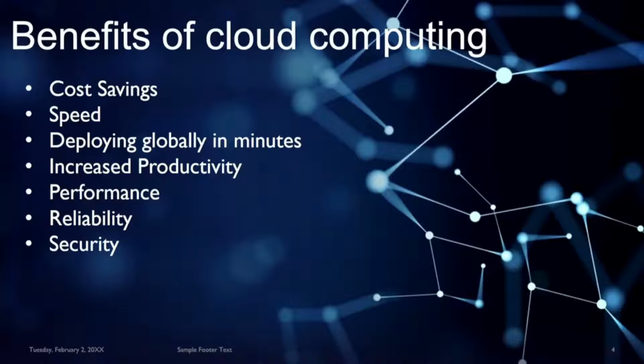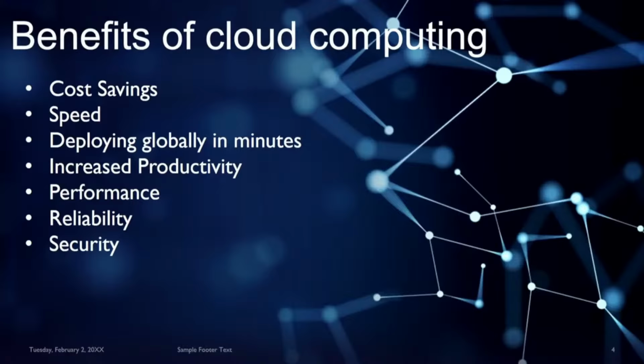But if we go for cloud services, all these reliability aspects are taken care of by the cloud service provider, so we need not worry about redundancy and other things. Then it offers security, with the same security features as those provided in on-premises deployment.